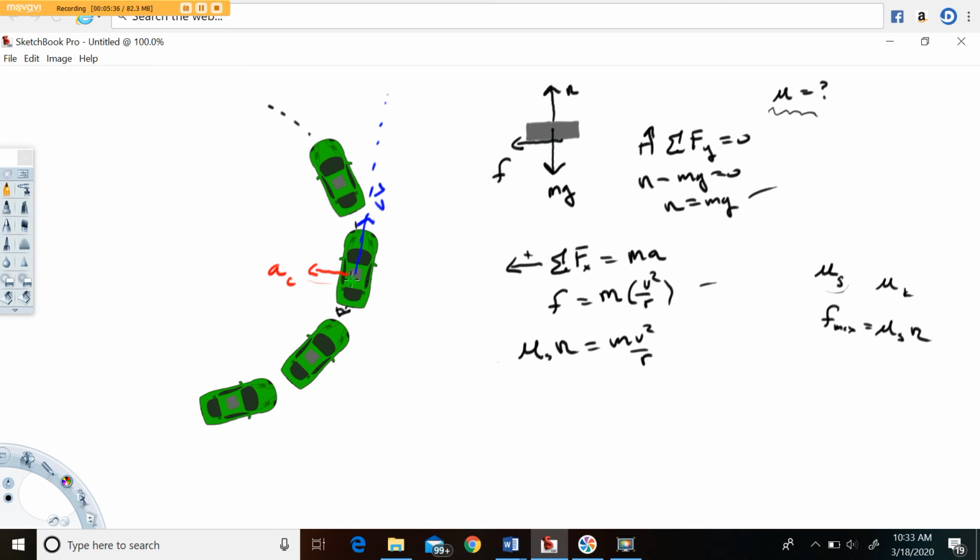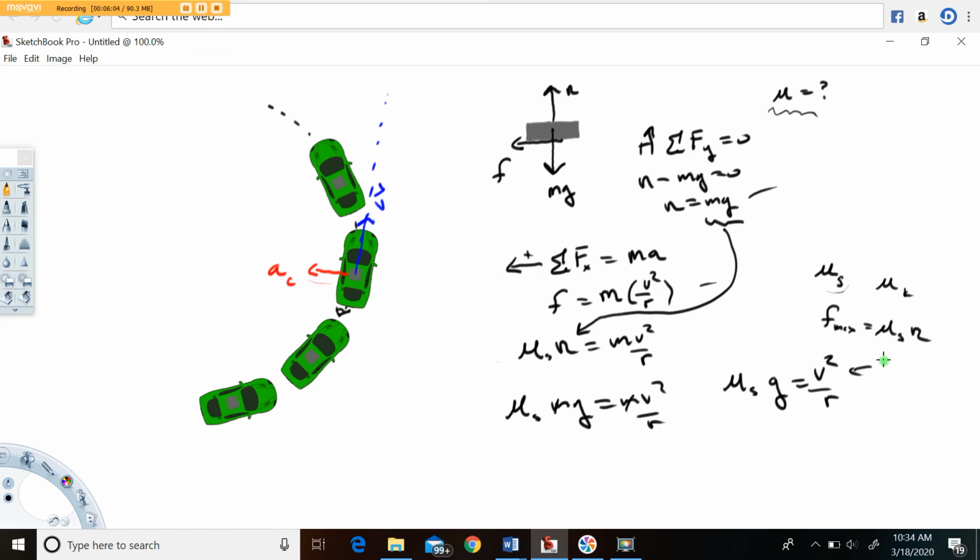What happened was the car accelerated out from underneath it and that computer tended to go more straight. So our normal force we can get from here. Now we have coefficient of static friction times mg equals mv squared over r. You'll notice our mass divides out, so we have coefficient of static friction times g equals v squared over r.